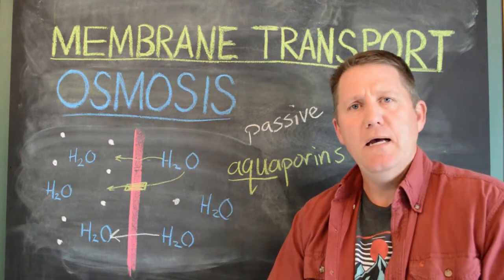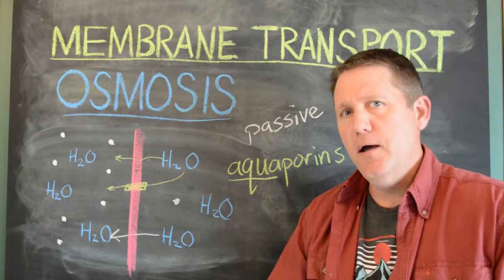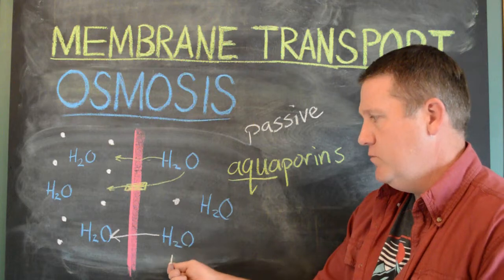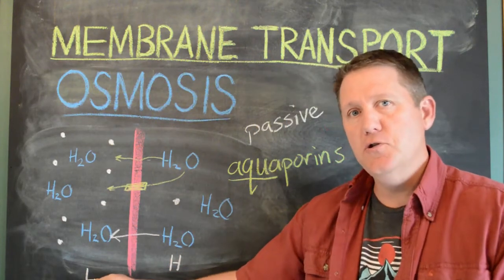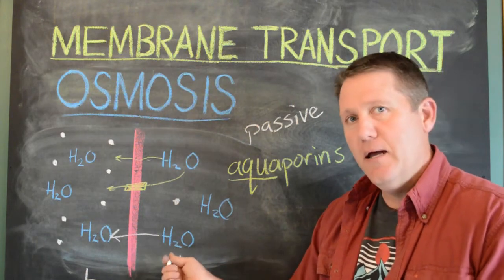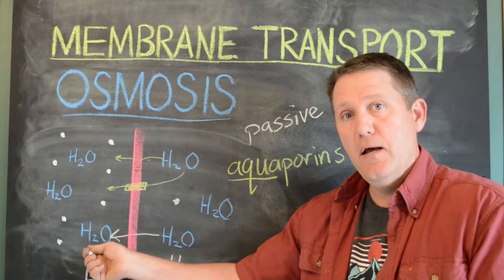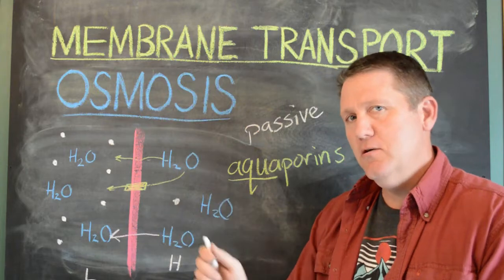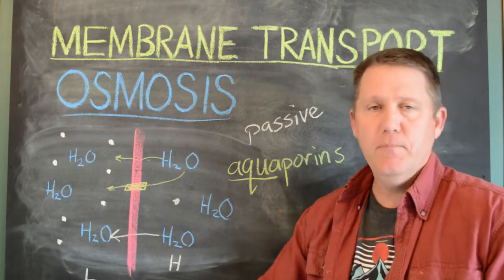There's a couple different ways I can see this playing out in your mind. One is that water itself moves from a high concentration to a low concentration. Now the difference here is negligible. This is 99.999% water, and this is 99.998% water. But there's still a difference in concentration, so water is going to move down its gradient.